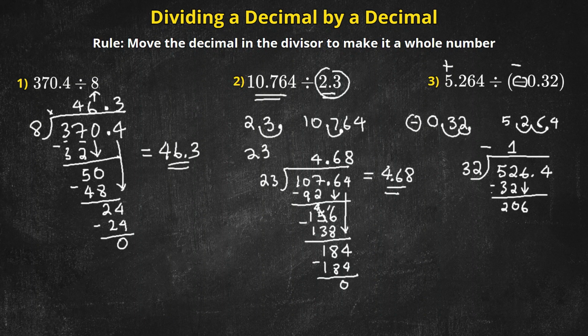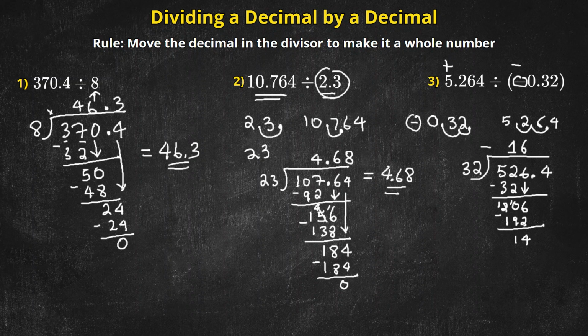Now 32 into 206 will go 6 times. If you multiply 32 times 6, you should get a total of 192. Now let's subtract 6 minus 2, that will be 4. Let's borrow 1 from here, and now it's 10 minus 9 will be 1. 1 minus 1 is 0. So you have a remainder of 14.